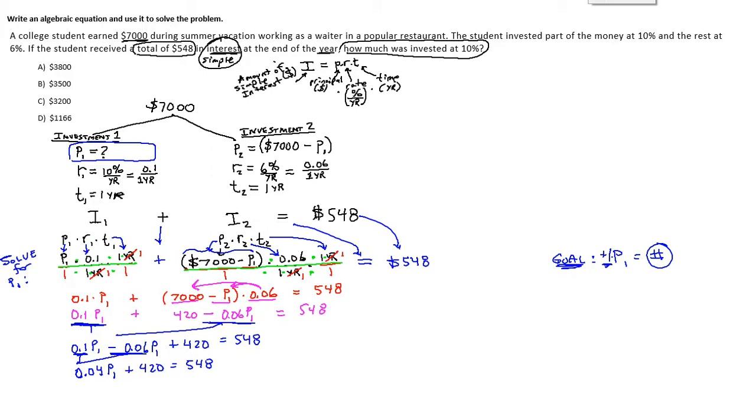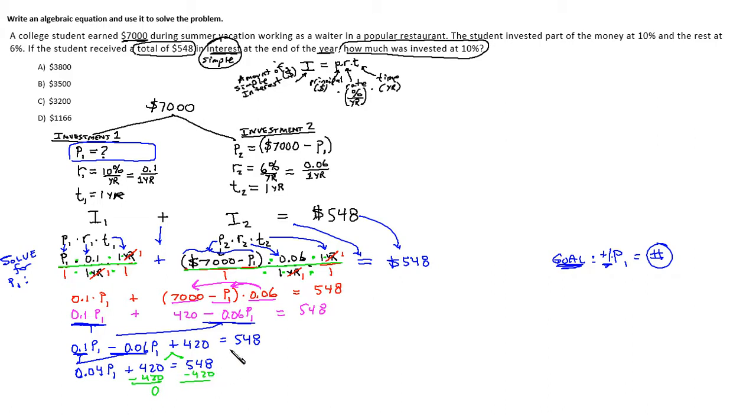Now we've got all the like terms combined, and I'm going to subtract 420 to eliminate the constant from the left side, and I'm going to subtract 420 from the right to balance the equation. What we do to one side of an equation, we do to the other.